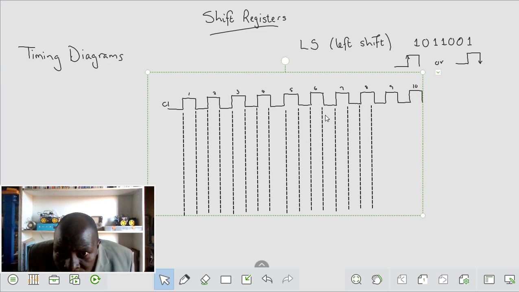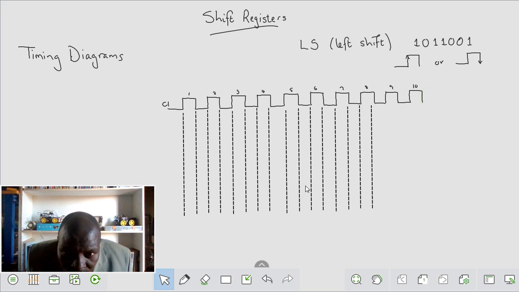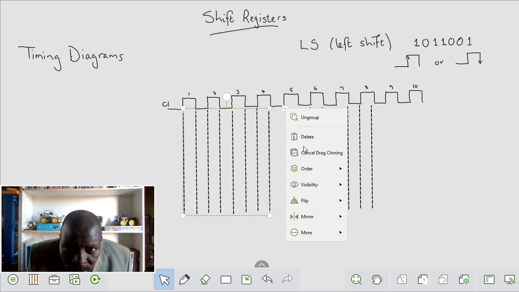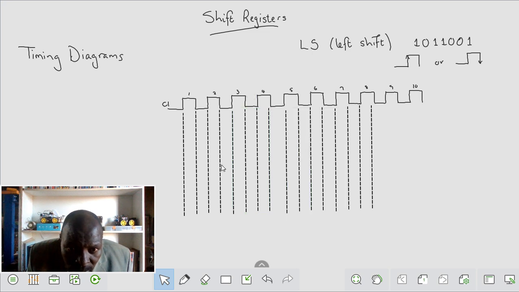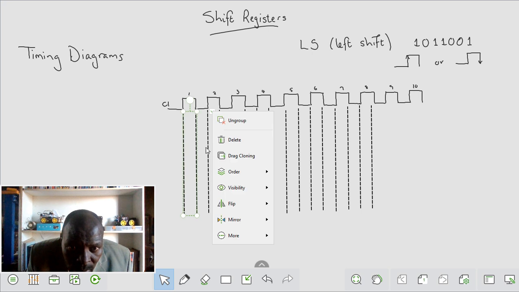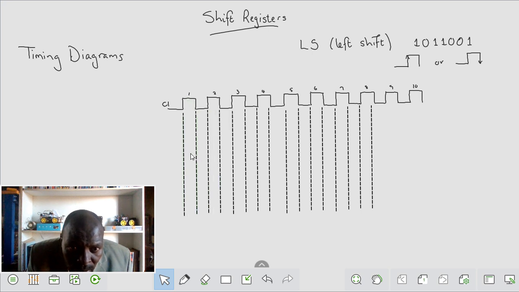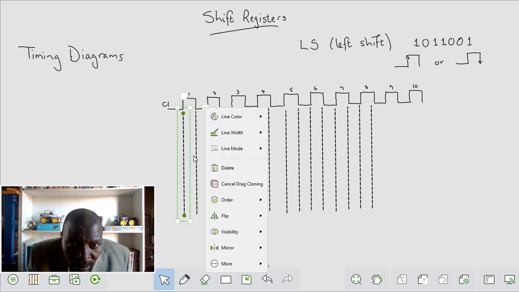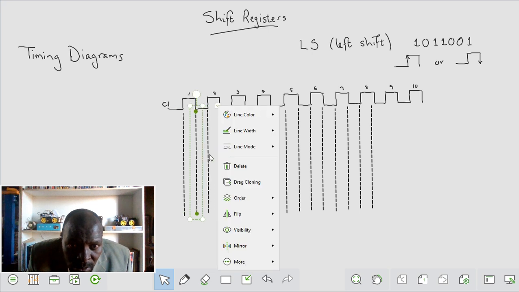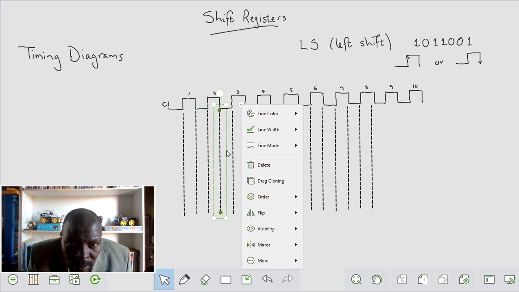Now let's suppose, ungroup. I want to see if any of them are still grouped. Ungroup. I want to make sure that none of them is grouped.